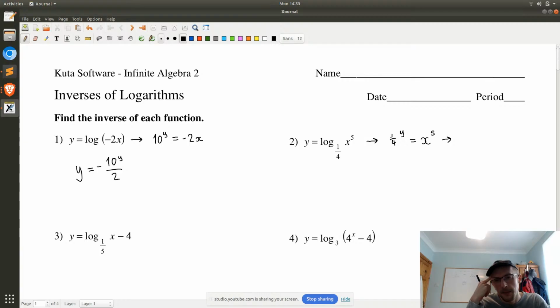Okay. Which means that the fifth root of a quarter to the power of y, like that.